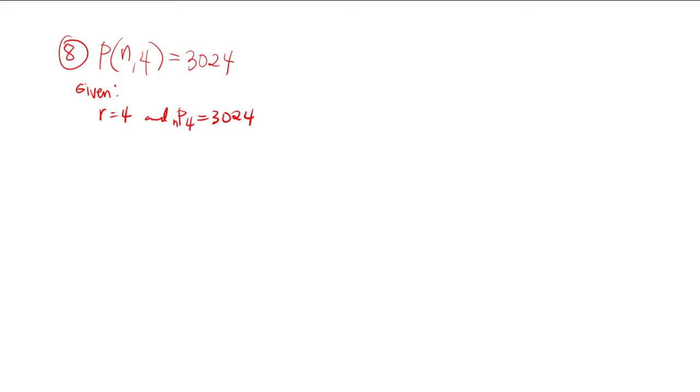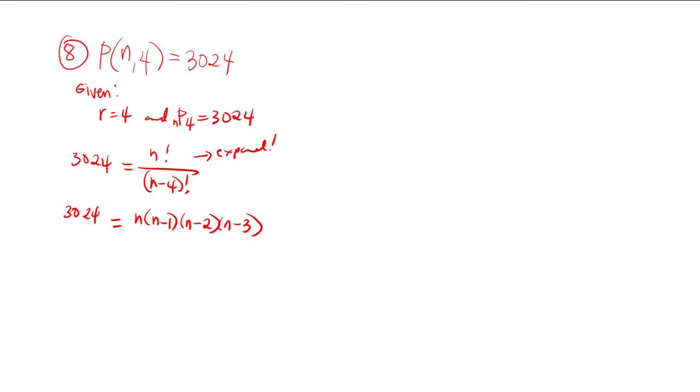Tama? So, 3024 is equal to n factorial over n minus 4 quantity factorial. So, expand mo ito na dapat ang last mo ay n minus 4 factorial. Okay? So, 3024 is equal to n times n minus 1, n minus 2, n minus 3, n minus 4 quantity factorial over n minus 4 quantity factorial.